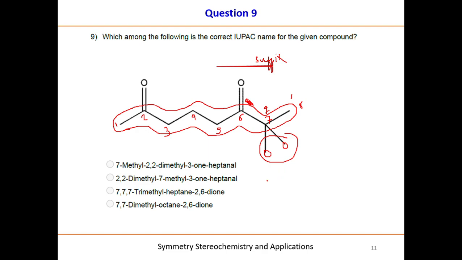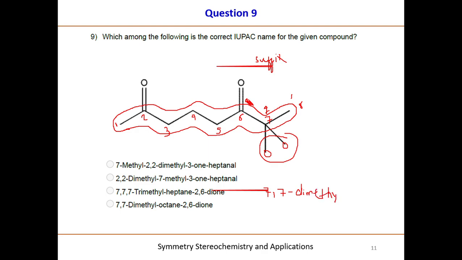So at carbon number 7 we have two substituents. So 7, 7, because we have the same substituent present on the same carbon. We will write 7,7-dimethyl because two methyl groups are present.